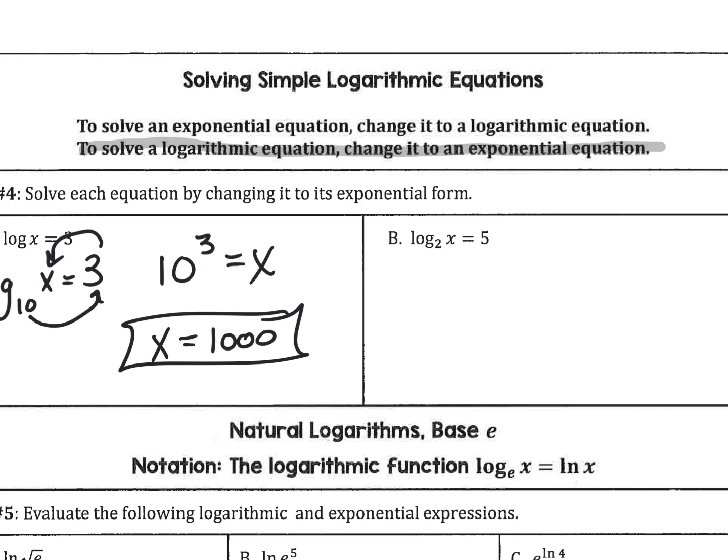Do your spiral and figure out what it is. Rewrite it and solve it.